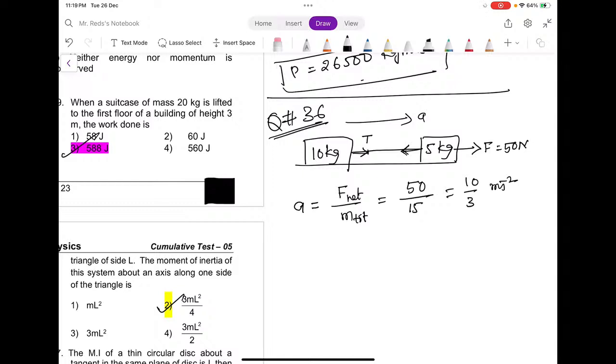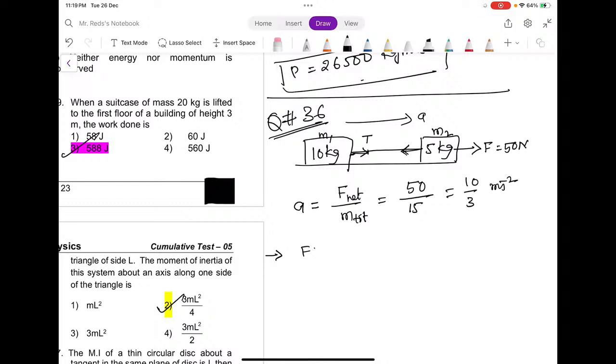Let us keep this as it is. And this is the acceleration. I want tension. So here, if you say this is M1, this is M2, the 10 kg block is M1 and the 5 kg block is M2. On the 10 kg block, the only force acting is T. So if you draw the free body diagram and write the equation of motion for this, net force is equal to mass times acceleration.